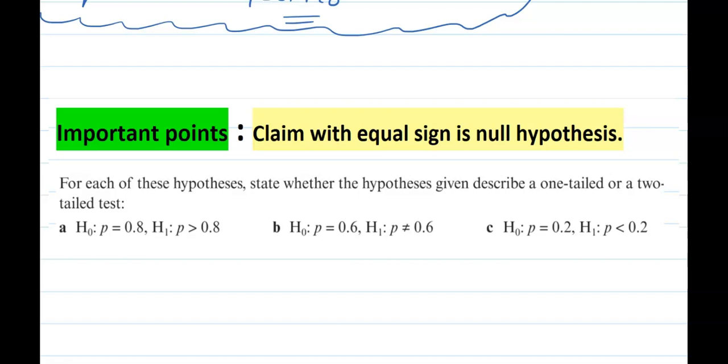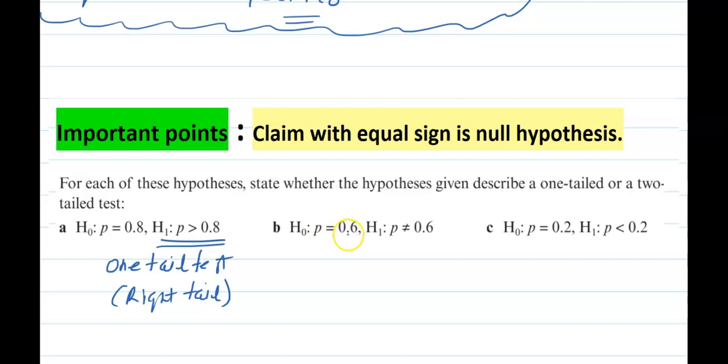So if you see here, welcome back. Here P is given as 0.8 and the alternative hypothesis is P greater than 0.8. So it is definitely a one-tail test. And here it is P greater than 0.8, so definitely we are going for the right side, a right tail test.